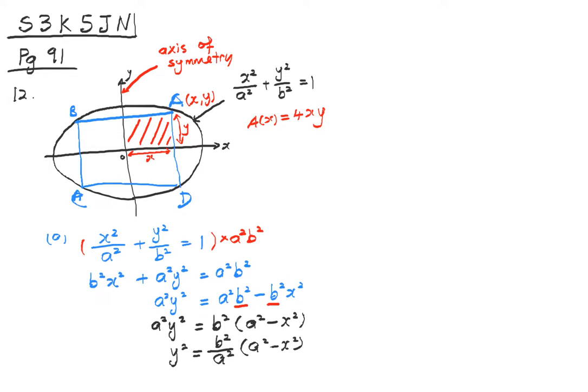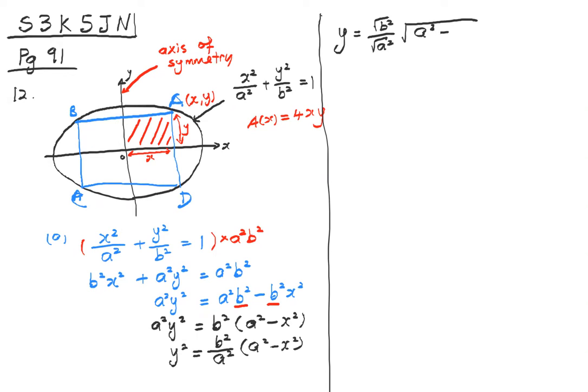But now I want y, correct? So I have to take the square root. So I get y. So my y will be equal to square root of b squared divided by square root of a squared times square root of a squared minus x squared. And you know that this one, you cannot do anything, but this one you can simplify.